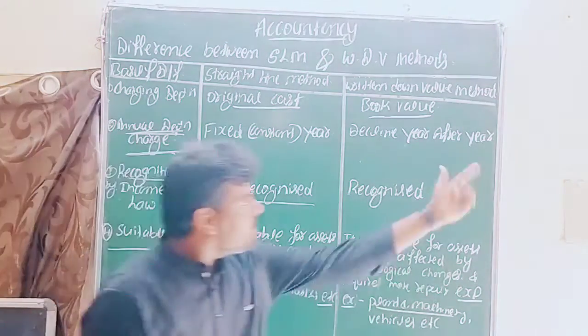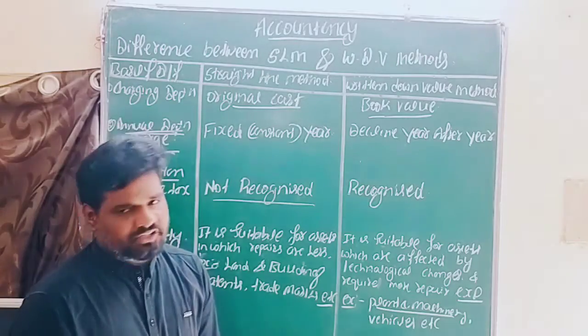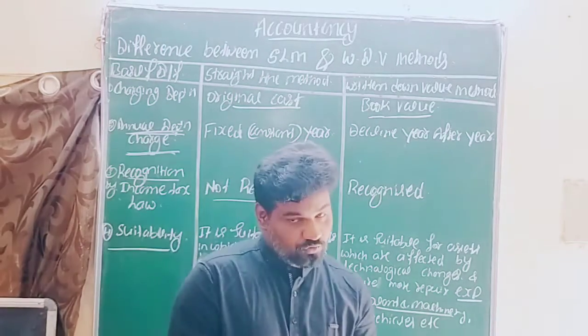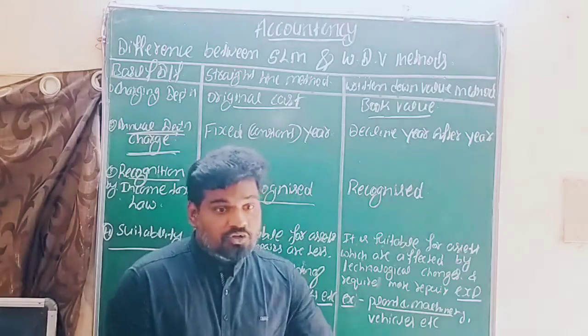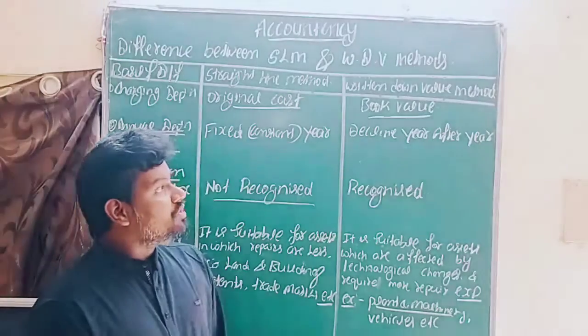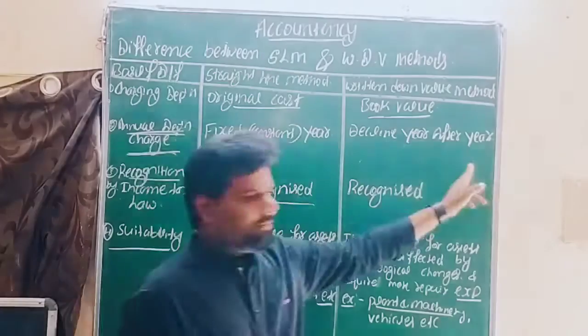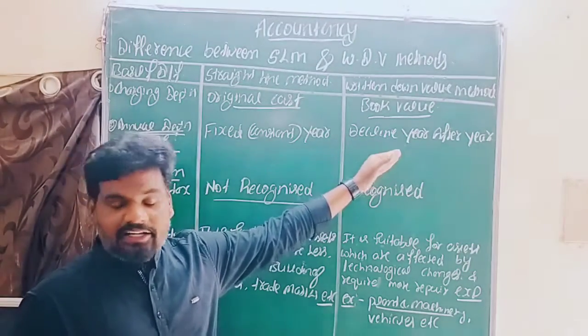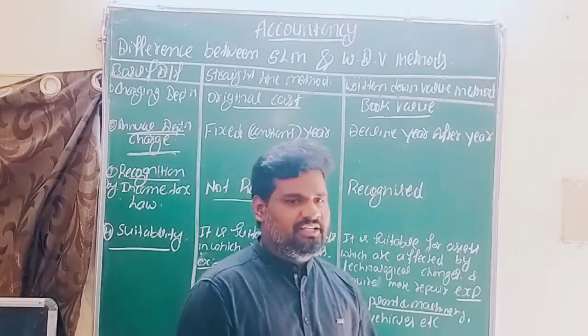Under the written down value method, the annual depreciation is calculated on its book value, and the amount goes on declining, decreasing year after year, because we calculate it on the book value for the year.